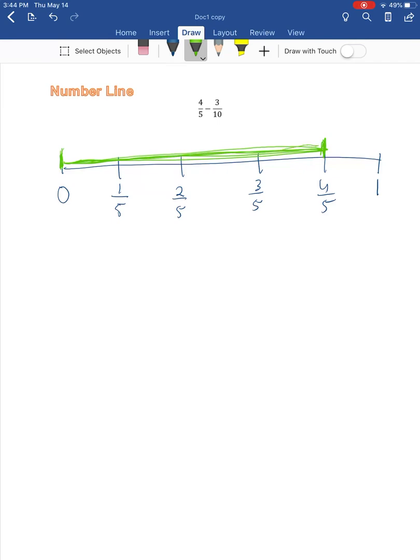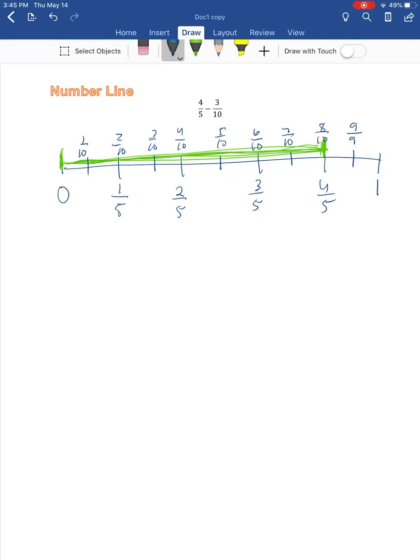So from this green area, we want to take away 3/10, but we cannot see that right now because we only see the denominator of 5, and we need a denominator of 10. So we are going to cut this number line up again. We're going to cut each fifth in half to get our tenths. So 1/10, 2/10, 3/10. We're going to go all the way until we get to 9/10 because 10/10 is the 1.